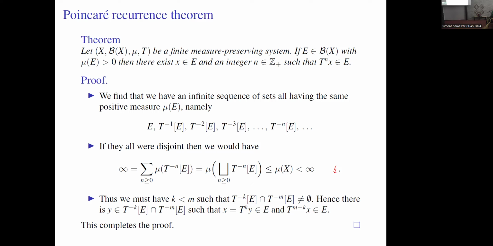Therefore, by pigeonholing, there must be two indices k and m for which the sets intersect, so there exists y in this set with this property. If we take n equal to m minus k, then this is the element that we are looking for. So that's the simplest form of Poincaré recurrence.